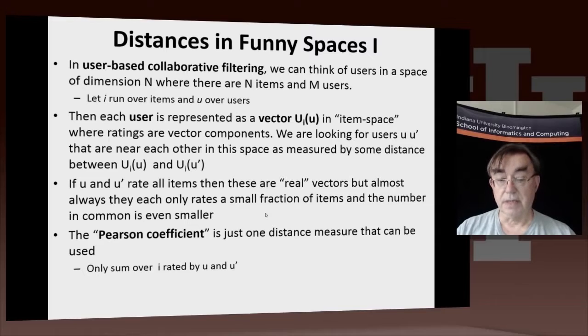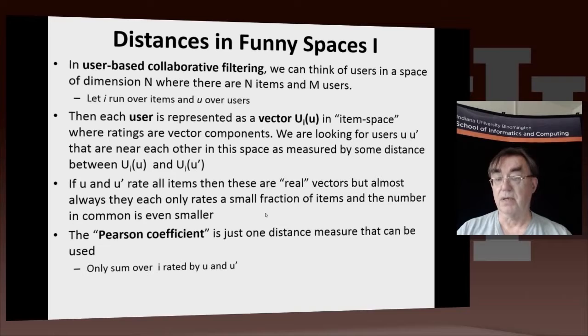And there is a technique called the Pearson coefficient, which allows you to find the distance in this space. The simplest normal formula doesn't work because the normal formula assumes that you know what the vector component is in every dimension.